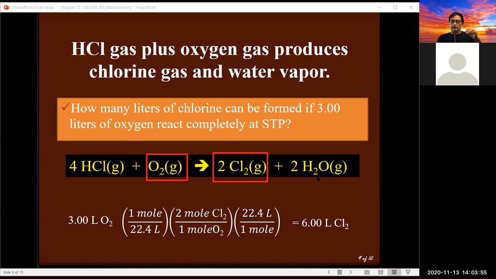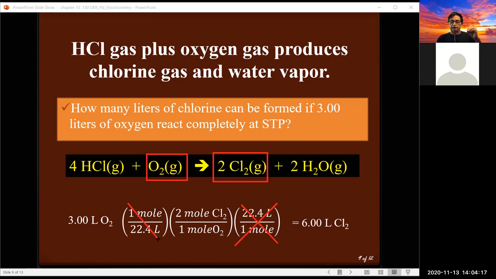And then do the math, we end up with 6 liters of chlorine gas. Now notice something interesting is that the 22.4 liters per mole, don't they each cancel each other out? They sure do. Okay.